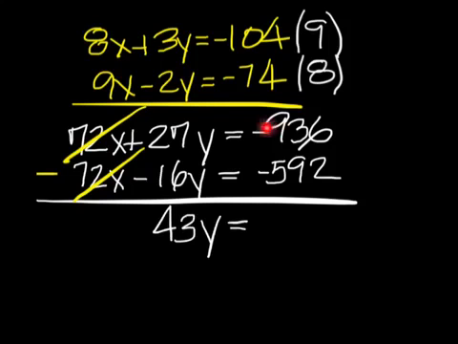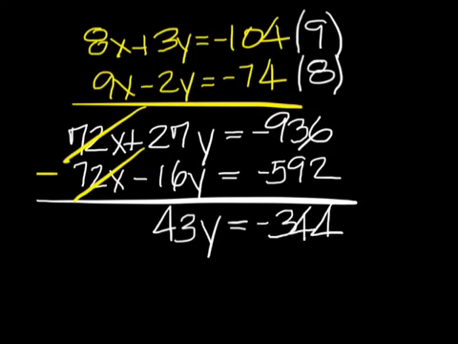Now move to this one. Negative 936 minus a negative 592. What does it come out to be? Negative 344, right.